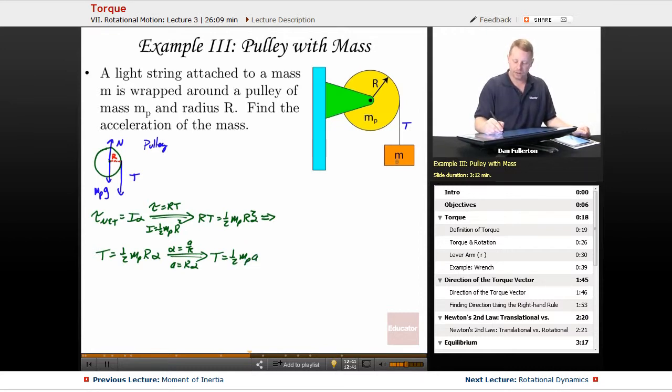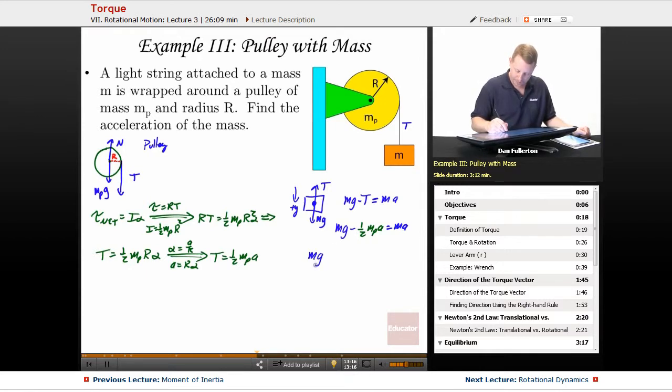All right, now let's draw a free body diagram for our mass over here. We have our object, we have tension up, and we have force of gravity down. In writing Newton's second law, we'll call down the positive y direction. mg minus T must equal ma. Or mg minus, we know our tension now, is 1/2 mp a, must equal ma.